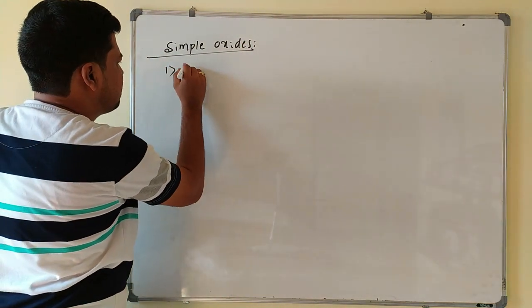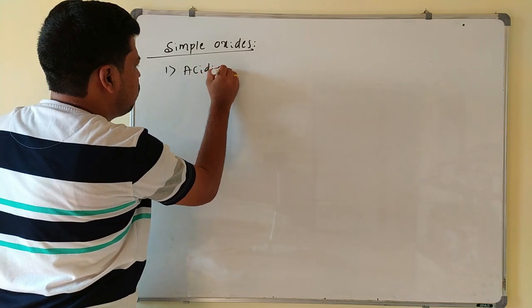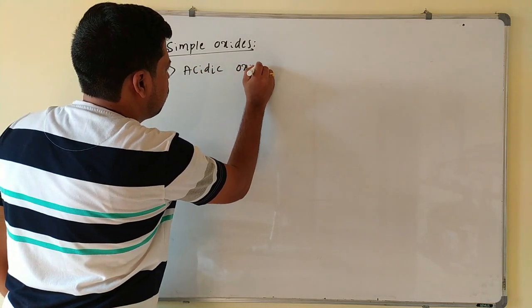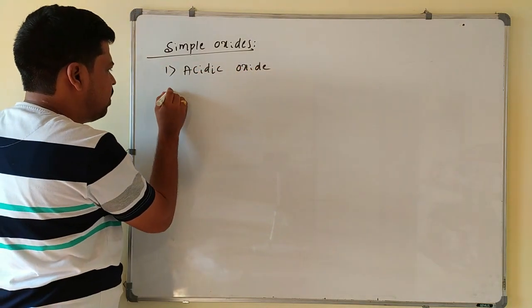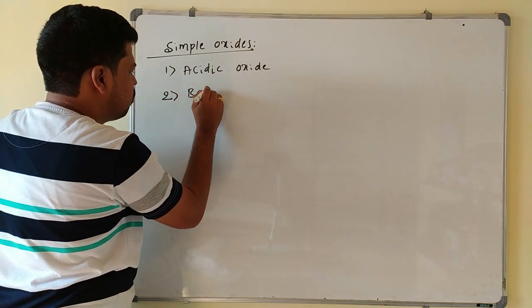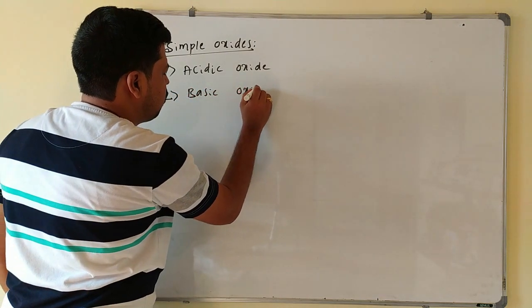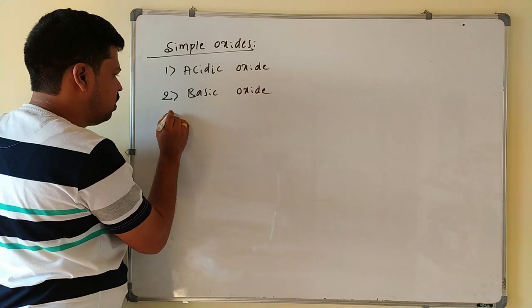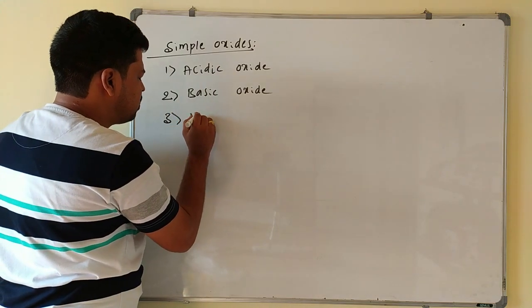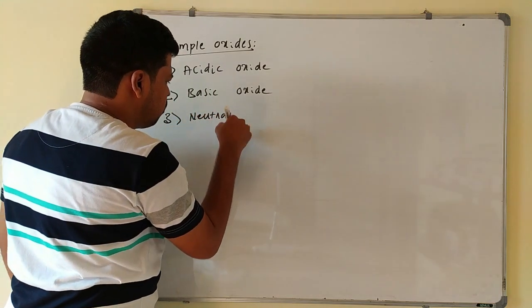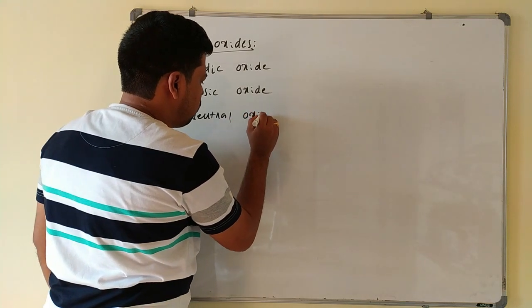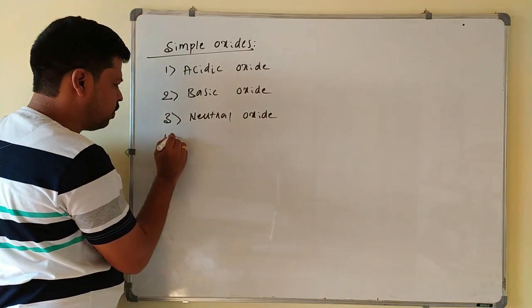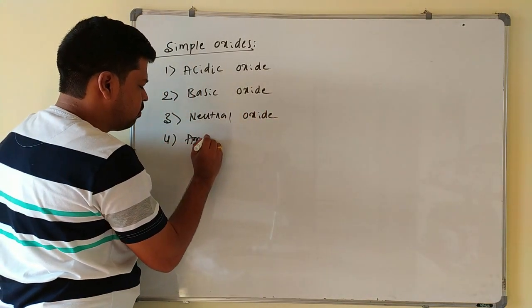First one is acidic oxide, second one is basic oxide, the third one is neutral oxide, and the fourth one is amphoteric oxides.